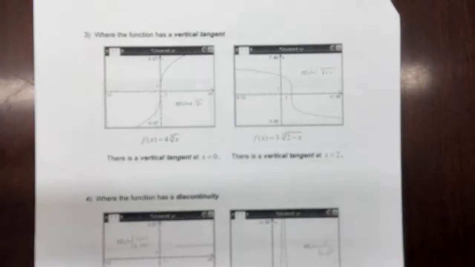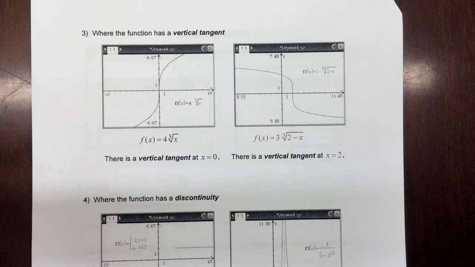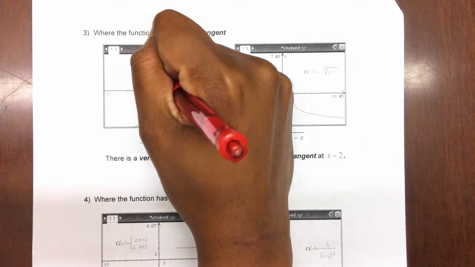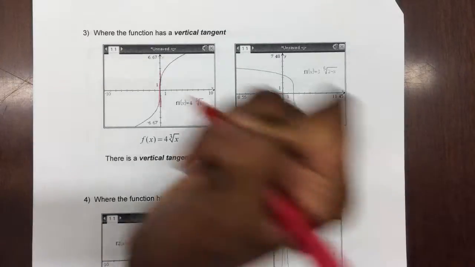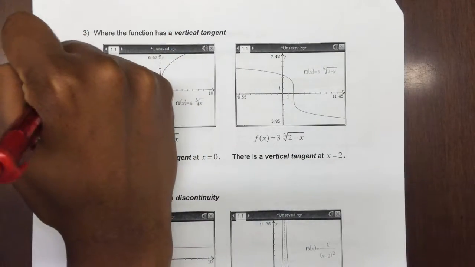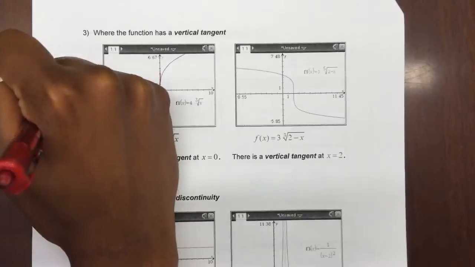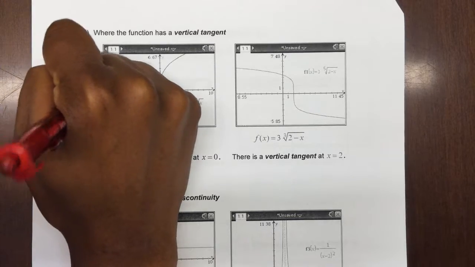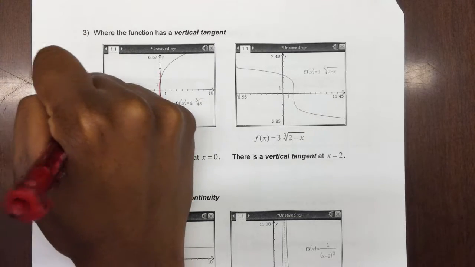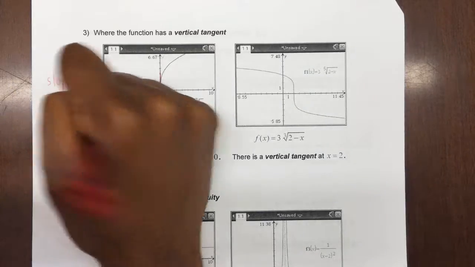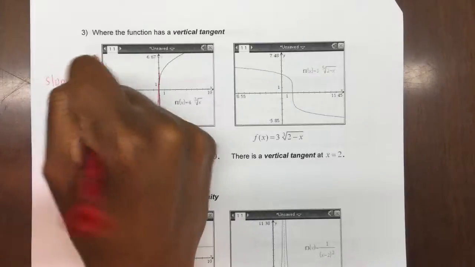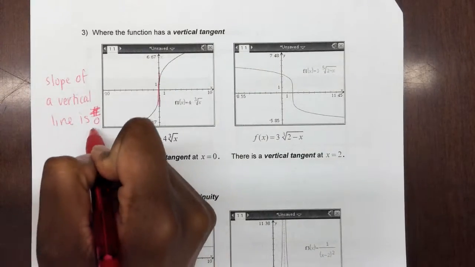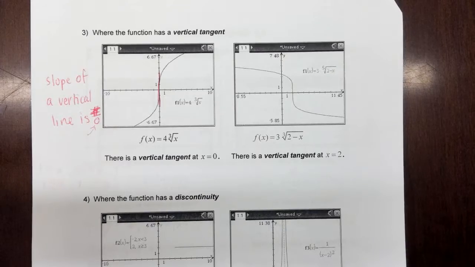We also do not have a derivative when we have a vertical tangent line. If our line ends up being straight up and down, we know that the slope of a vertical line is some number over 0. Because of that, we'll have an undefined slope, because we can't divide by 0.